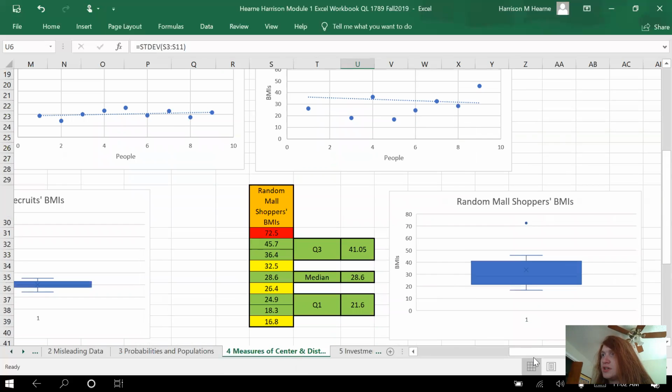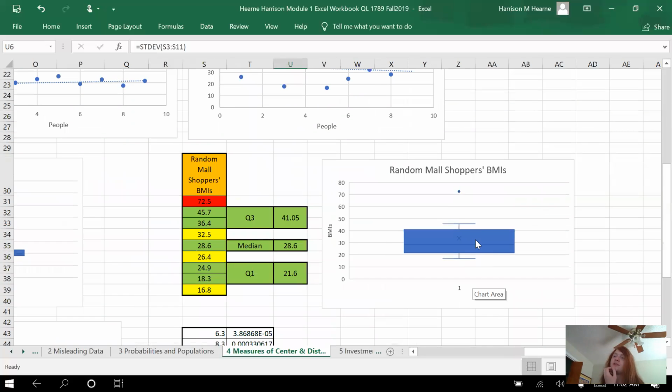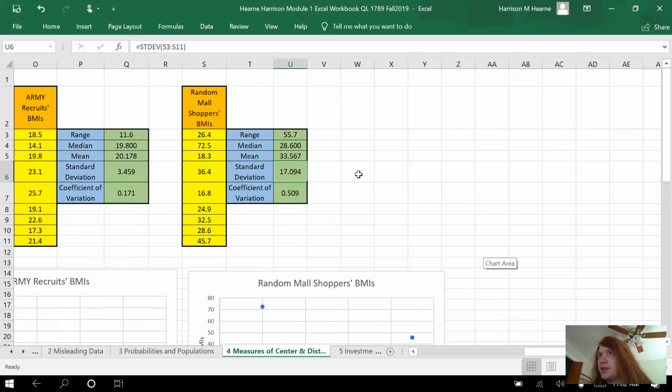And if you see, when we go down to this box and whiskers graph here for the random mall shoppers, this is where most of the data is going to fall. These lines here are the standard deviation from the median. So you can see the median, because we know coming up here, the median is 28.6.